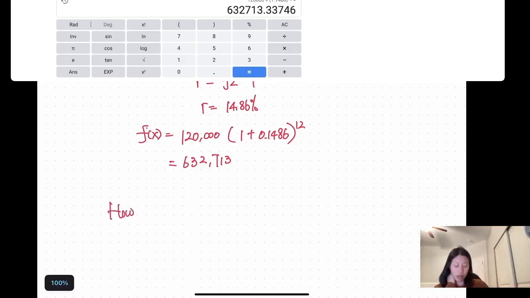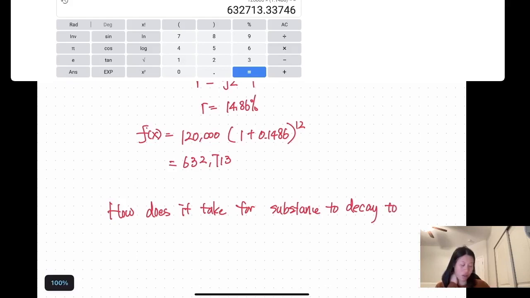How long does it take for the substance to decay to 50% of its original mass or quantity? So this is half time.